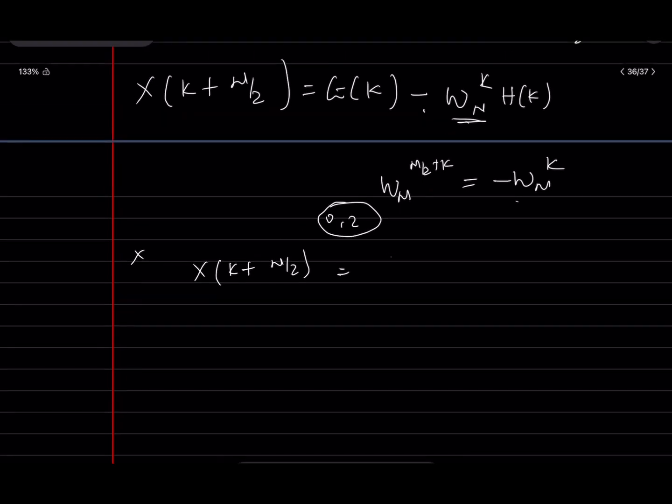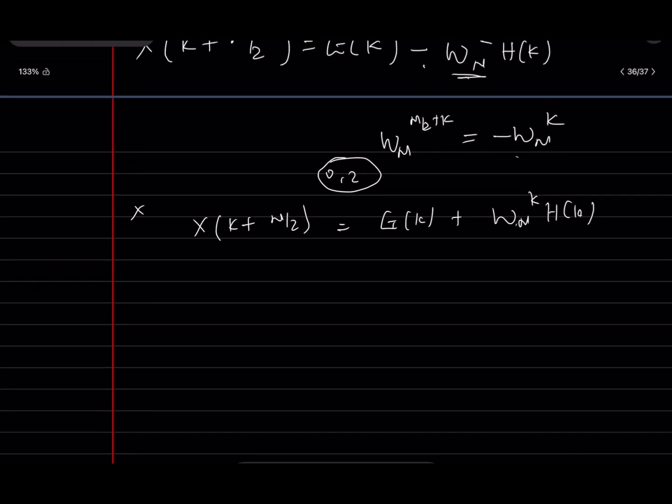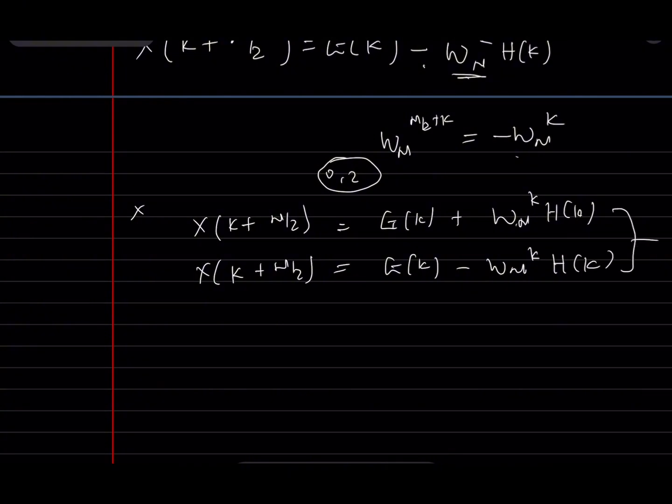The first part will be X of k equals G of k plus omega N k H of k, and the second part is X of k plus N over 2 equal to G of k minus omega N k H of k. So this is the symmetric property that we're talking about. It's very crucial, very important.